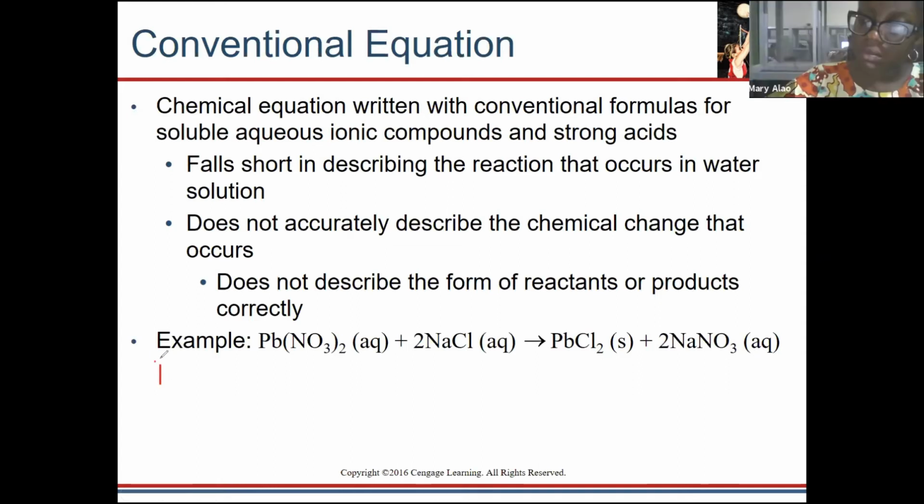So in this case, this guy is in an aqueous solution. We know that it's an ionic compound. We know that stuff in an aqueous solution that is an ionic compound can dissociate into its ions. So what will be the charge on the lead for the lead nitrate, lead 2 nitrate? Charge of 2. So it's going to have a 2 plus.